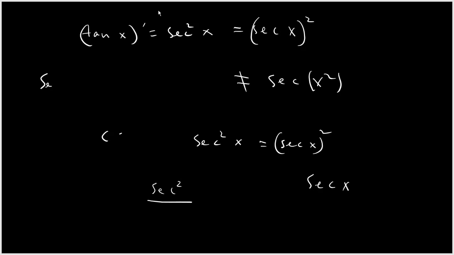So do not treat secant of x as secant times x. It's not the same thing. It means secant of x. Secant is a function notation. It's comparable to f of x. I hope I answered your question properly.